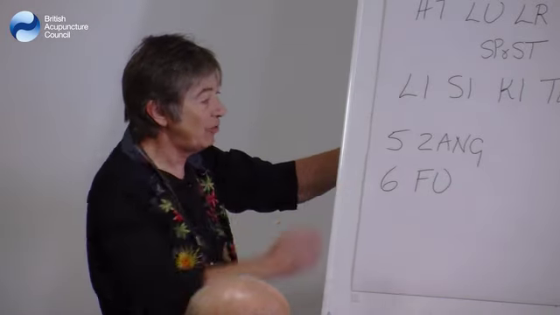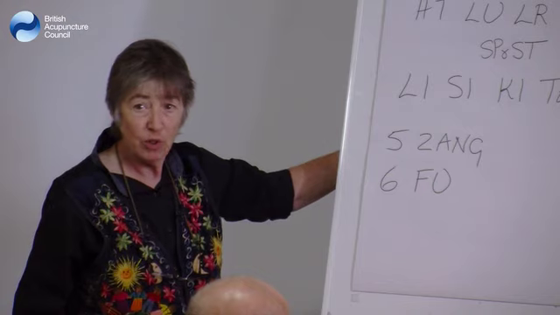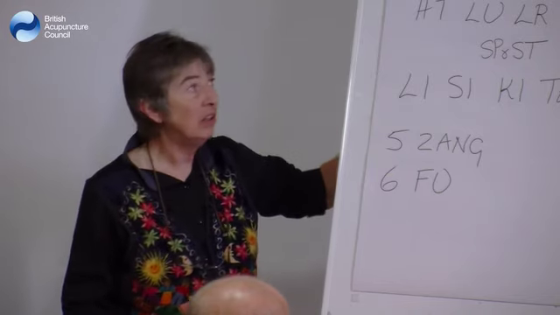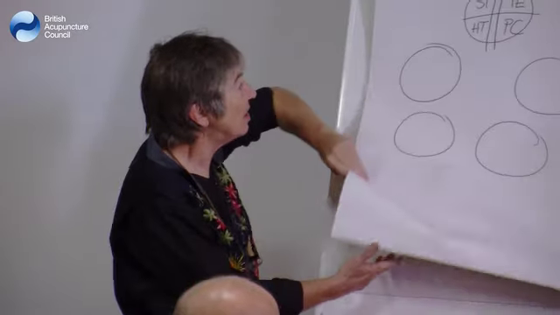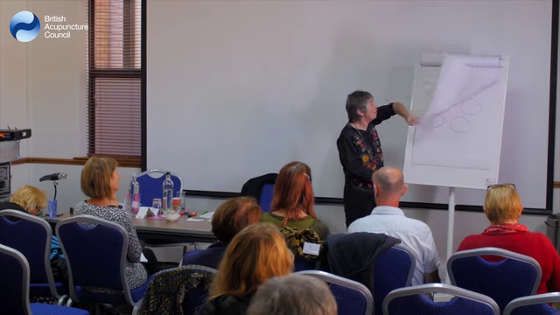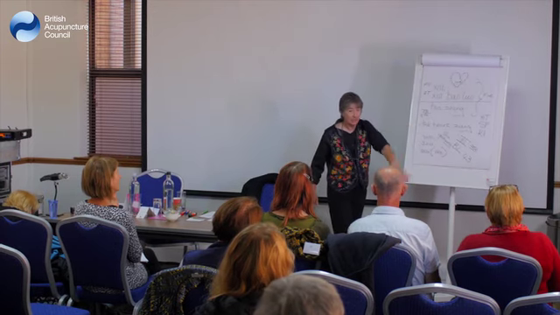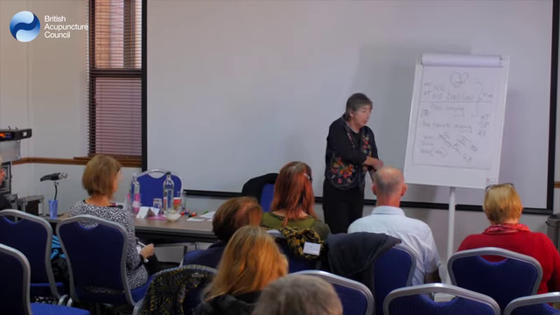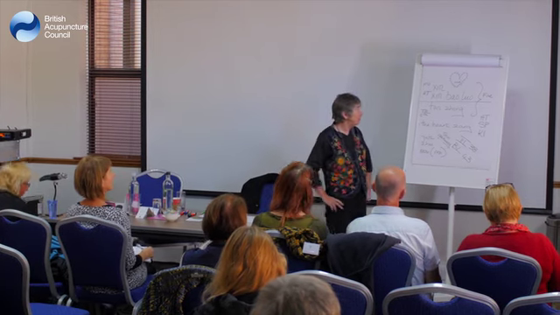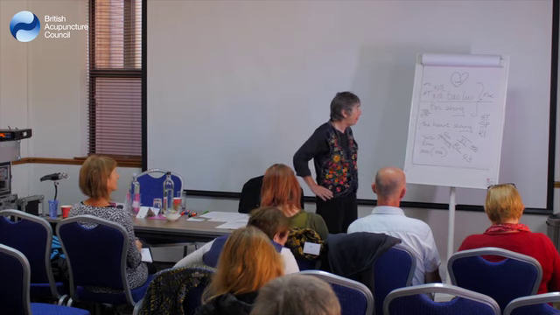When we talk about the 5 zang and the 6 fu, there is the heart zang, and the heart zang includes 3 aspects. Shen, heart or heart-mind, is maybe the most correct translation.